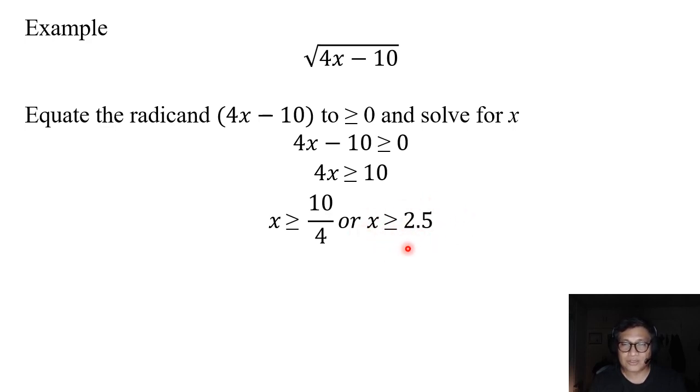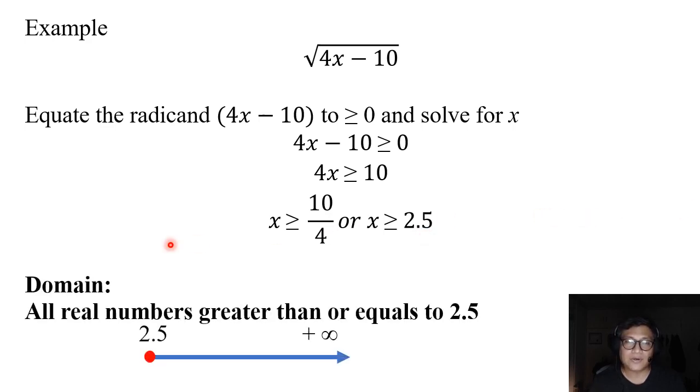What do we mean by this, class? Any value of x, as long as it is from 2.5 and above, will be the domain of this function. Any value that is less than 2.5 will make this undefined. So it will only be 2.5 and above. How are we going to state our domain?